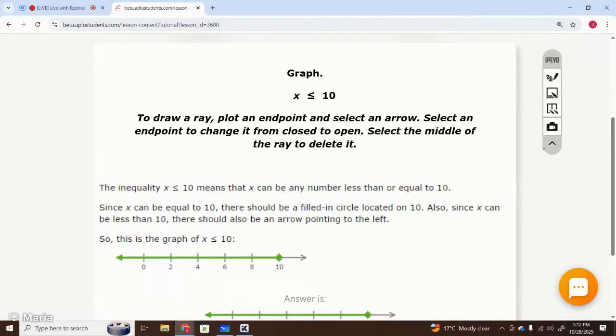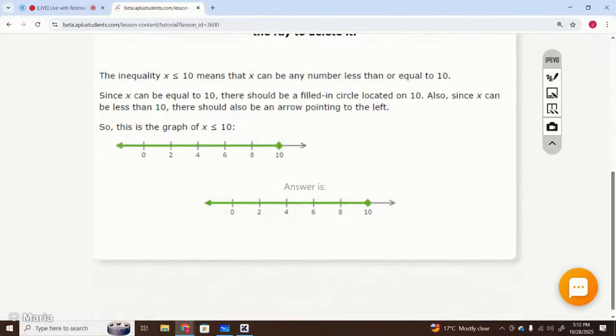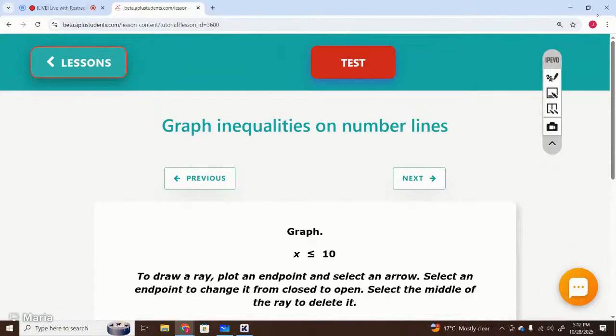That means 10 is also in the solution. So you have to make a closed circle at 10. Let's start with the test questions.